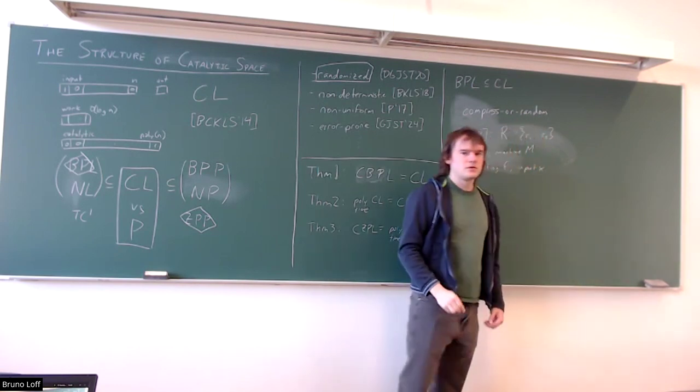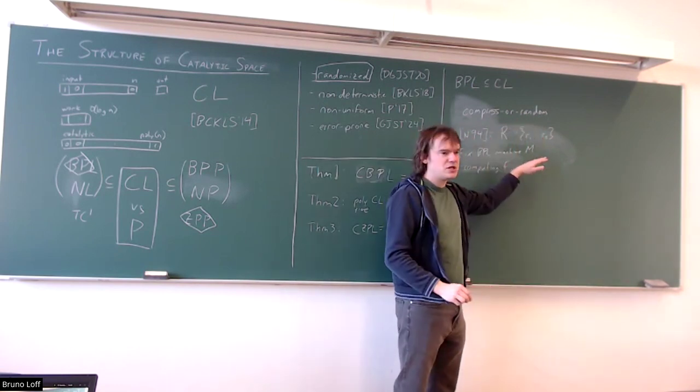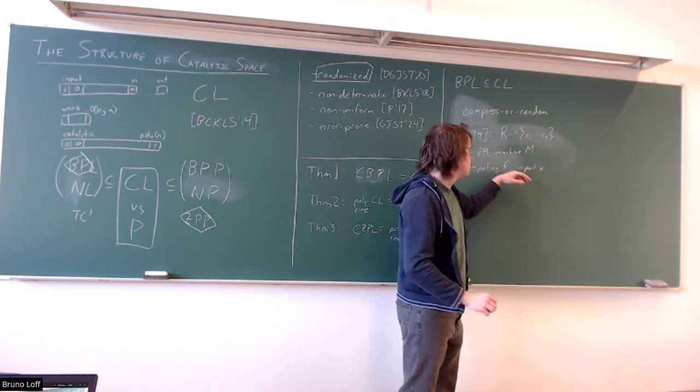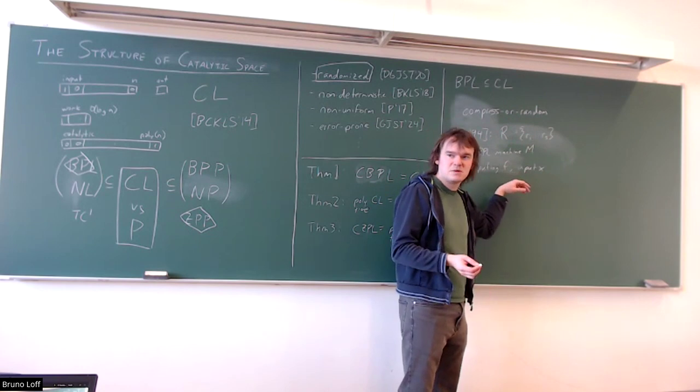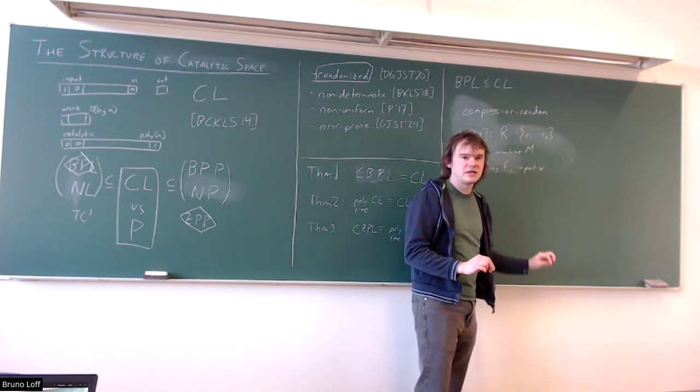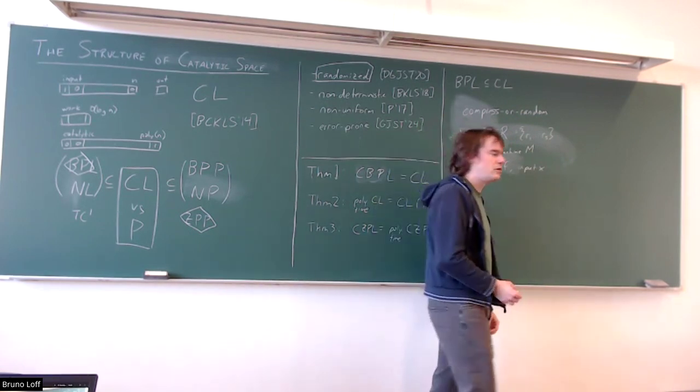From here on out, there's a specific BPL machine M that we want to simulate to solve a specific function f, which is in the class BPL, and we're going to be doing it on a specific input x. So we're going to keep all those things fixed, and we're going to talk about the condition on the starting table.